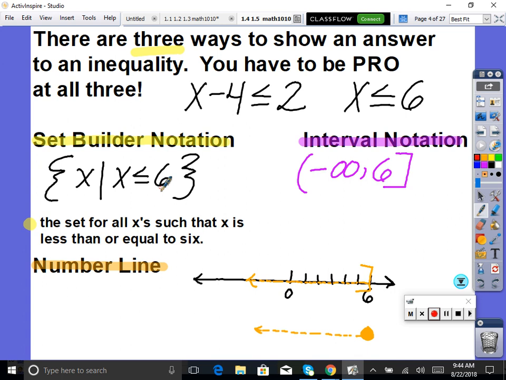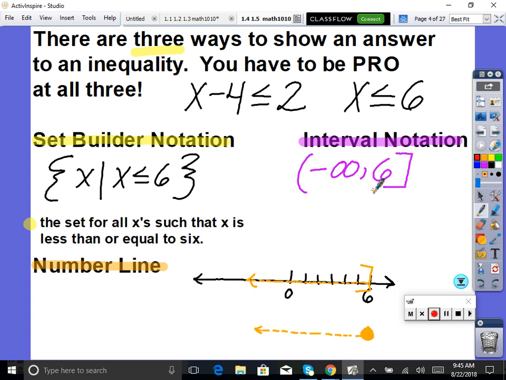Everybody good? It's just like day 1. Then in interval notation, think about it. Any x value is below 6. It goes on that way forever. So it's coming in hot from negative infinity, and boom, it's 6, and then stops. It was equal to, so there's a bracket. Do you see? Making sense?